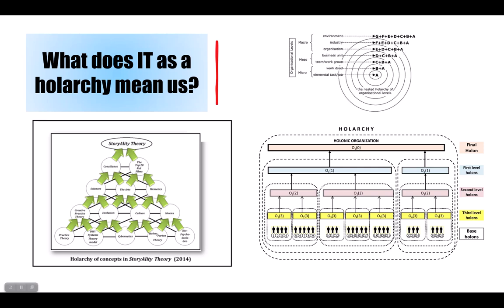This is another picture about hierarchy. In the center there is one task, and in the largest part is the environment, and it includes more and more jobs and tasks and duties at the macro level compared with the micro level.